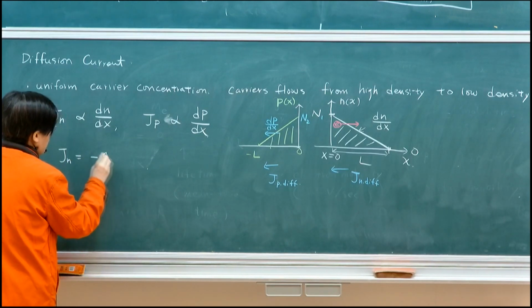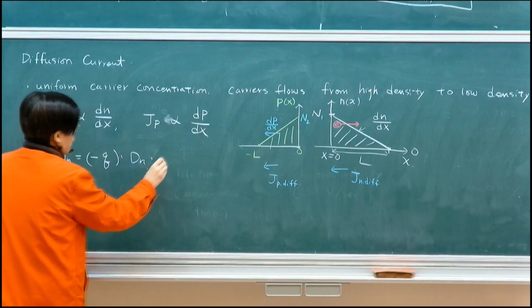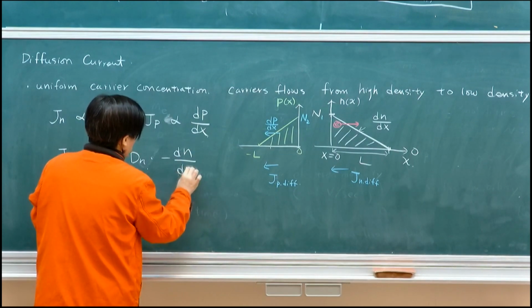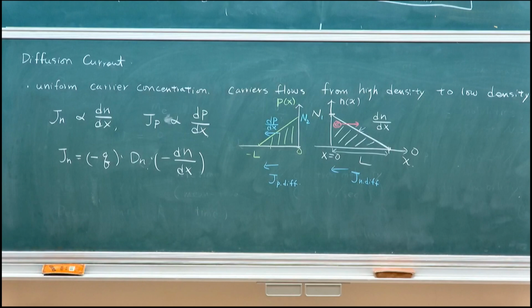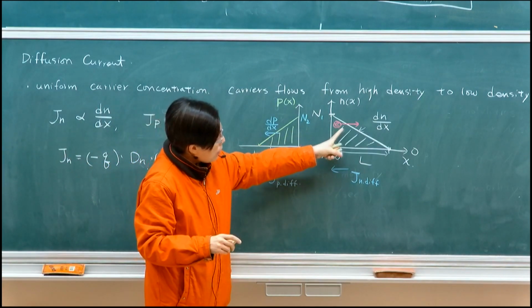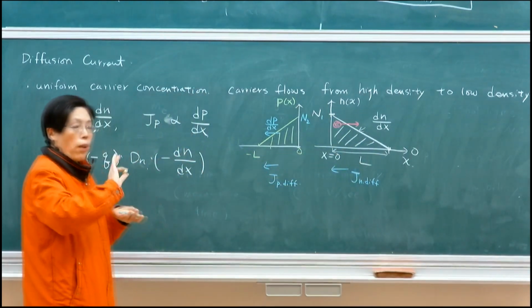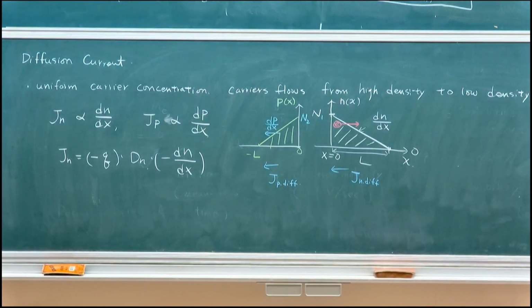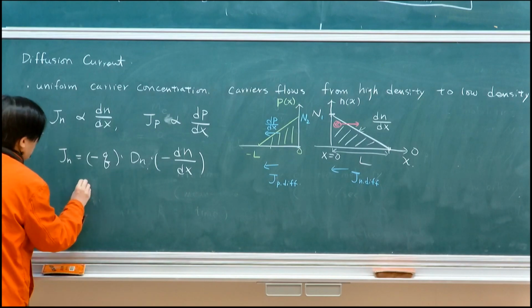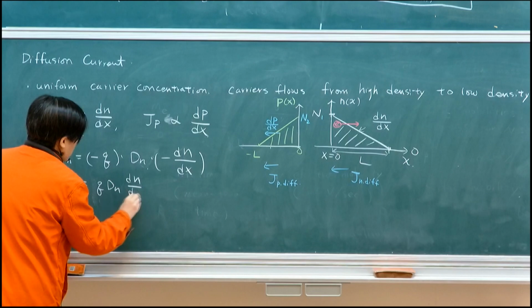We have electrons, therefore it's a minus Q, constant Dn. And it's moving in a direction inverse to the diffusion gradient, because dn/dx is increasing, but the carriers move from high to low. So the direction of diffusion is inverse to the direction of the gradient. So there's a minus sign. That is why you get this dn/dx.